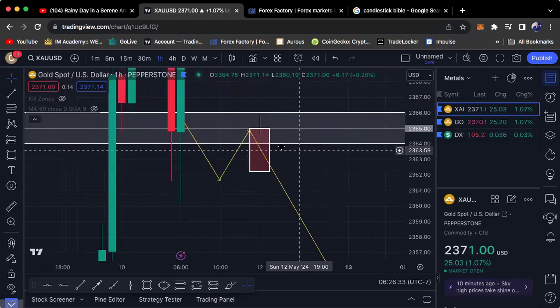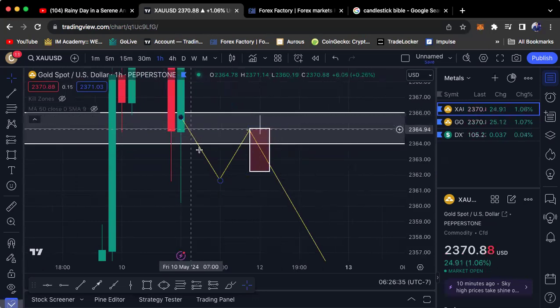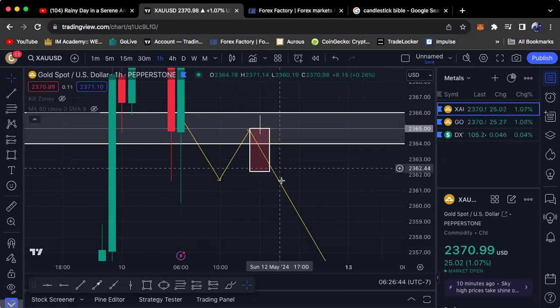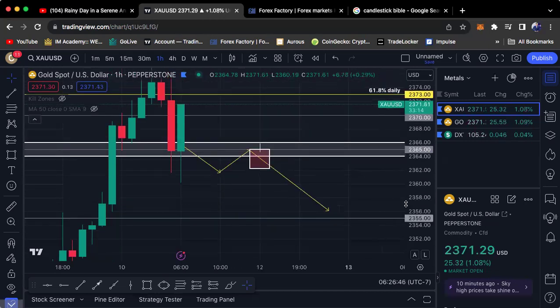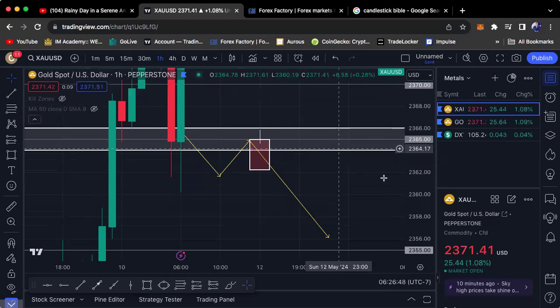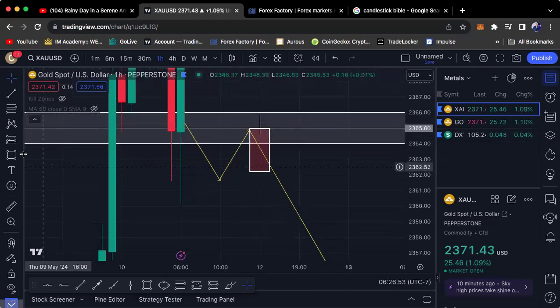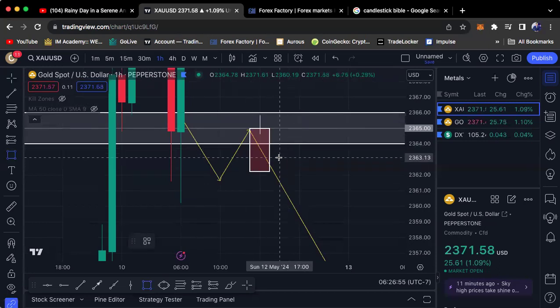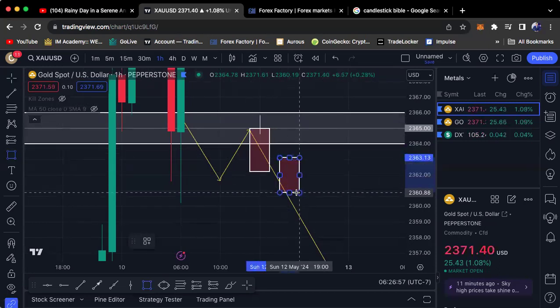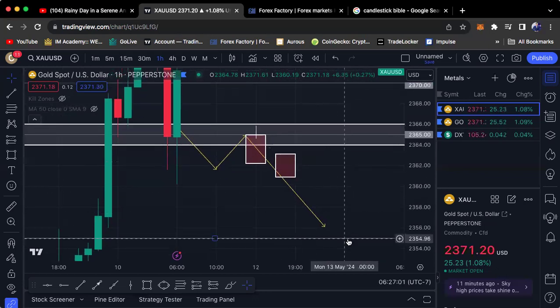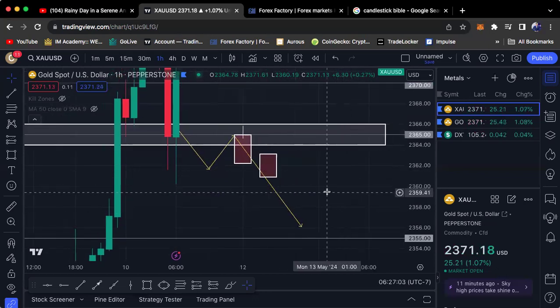If it does something like this, retest, wicks the zone, results in a bearish candle, that's when you enter for a sell. You guys can either enter here as soon as it does this, or you can wait for the next bearish candle to enter and ride the trade down to 2355.